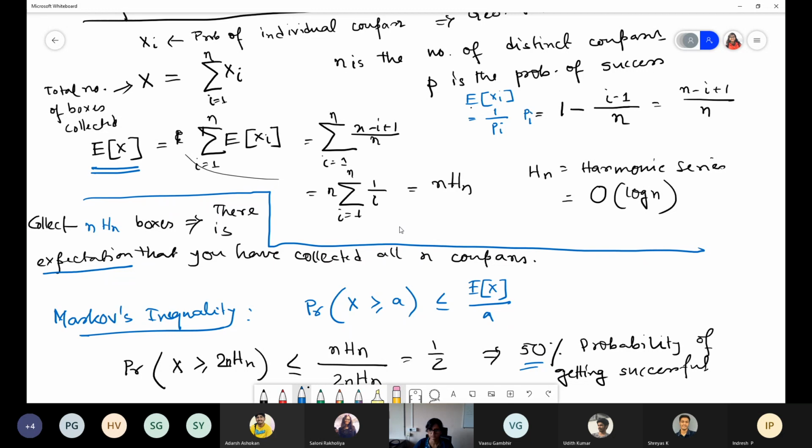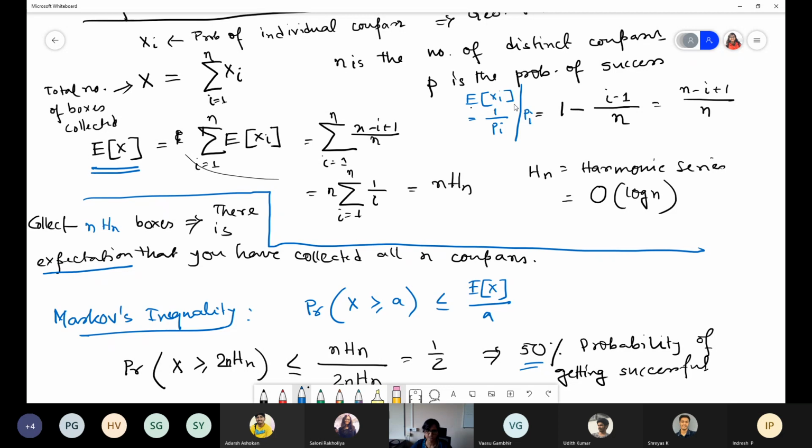Pi equals... I'm doing something wrong, right? Where is the mistake? Can you find it for me? Value of pi is this.